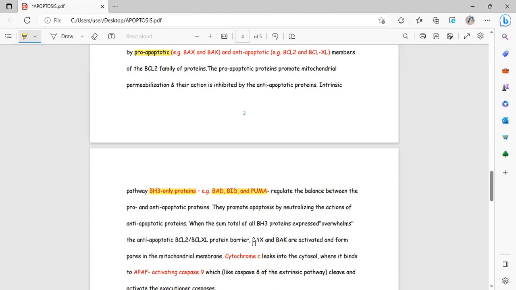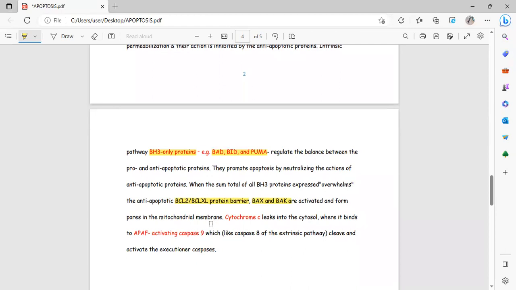Once you have degraded BCL2 and BCLXL, which were anti-apoptotic, BAX and BAK will be activated. When they're activated, they lead to formation of pores in the mitochondrial membrane, which leads to leakage of cytochrome C. When this cytochrome C has leaked out, it will bind to a very important protein called APAF.